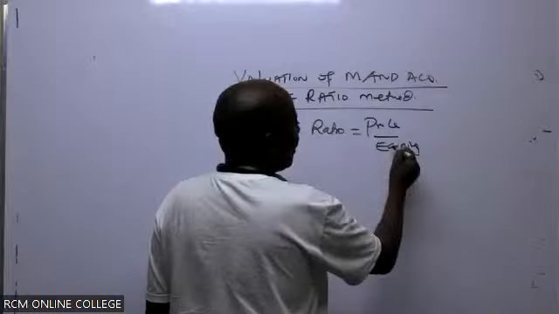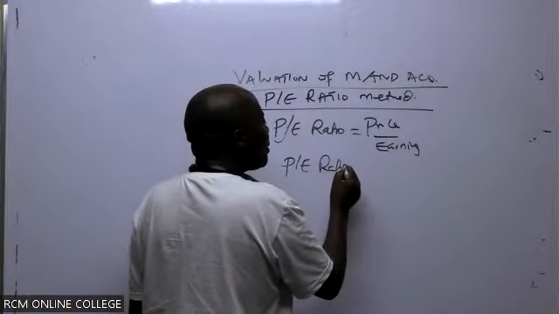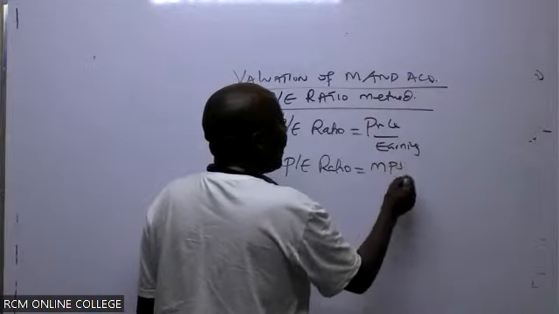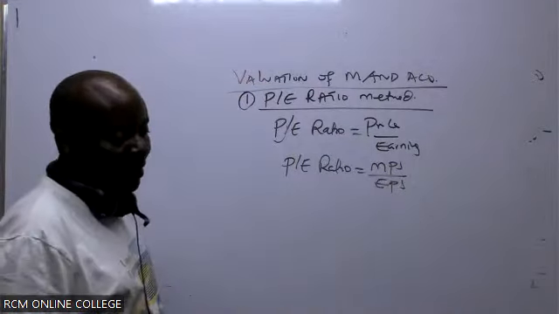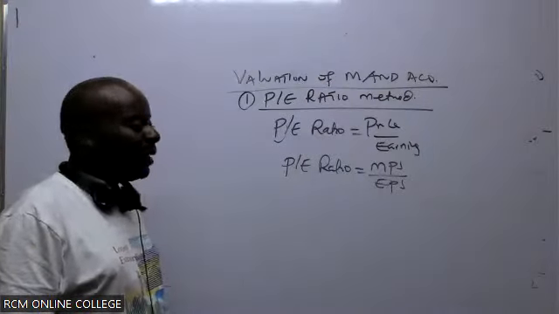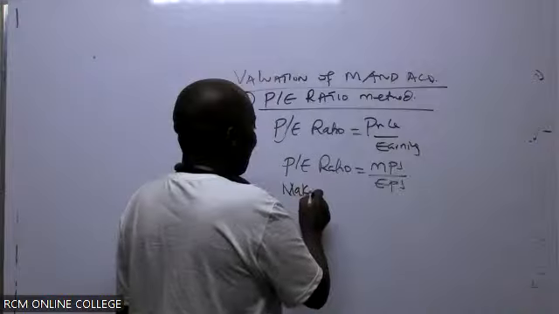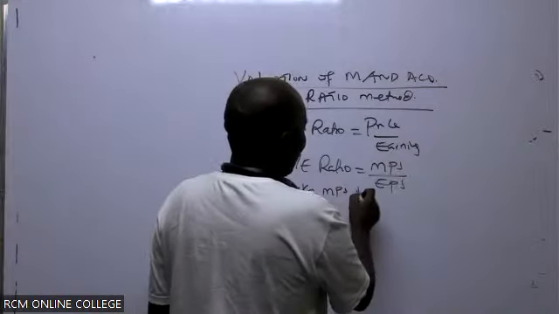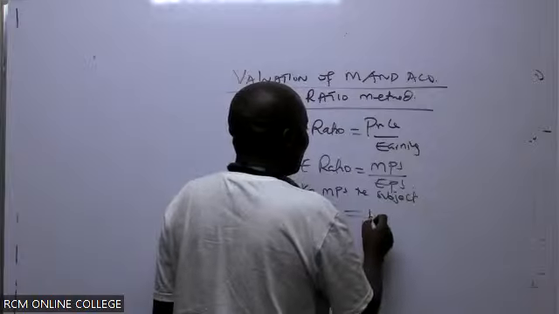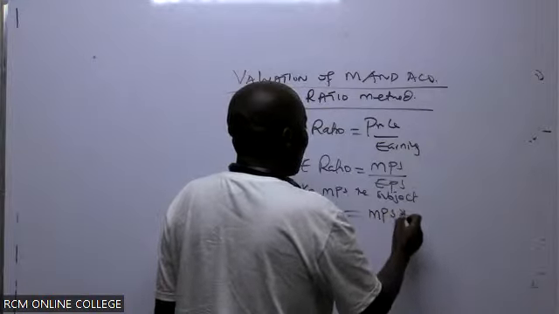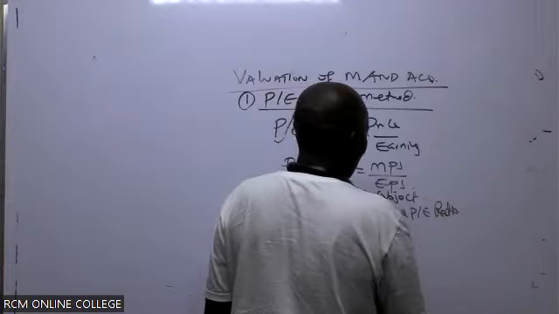Specifically, what you're supposed to remember is that PE ratio equals MPS over EPS. Please make MPS the subject of the formula.